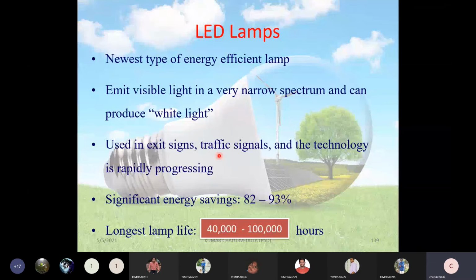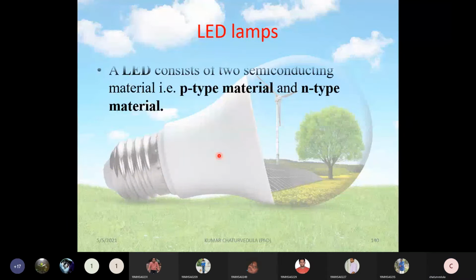So once you buy an LED lamp, the maximum possible life is in the range of 40,000 hours to 1 lakh working hours. That is why these LED lamps are so dominant. Their contribution is increasing day by day because of this longest life.